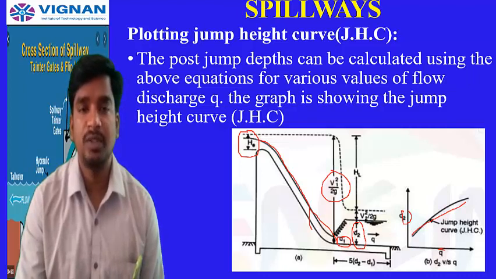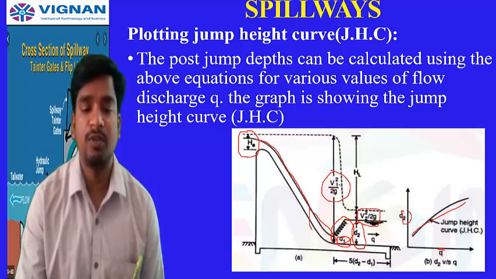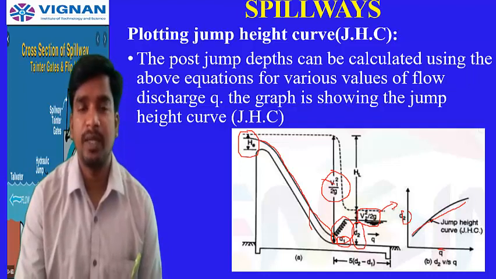In between depth D1 and D2, the jump occurs. After this jump, the energy has reduced from V1 square by 2g to V2 square by 2g. That is our main motto.